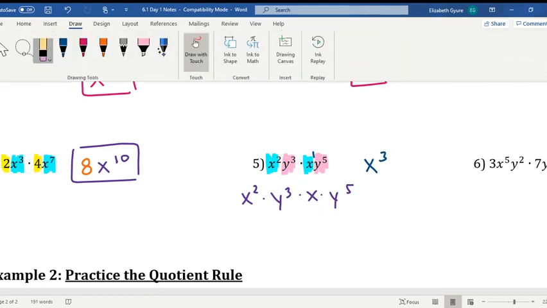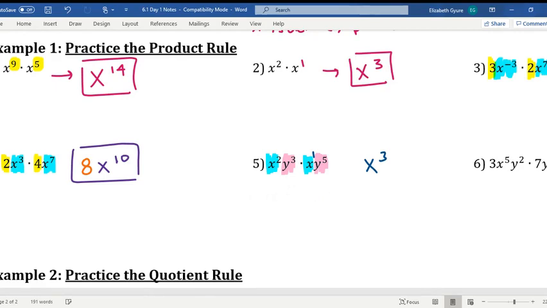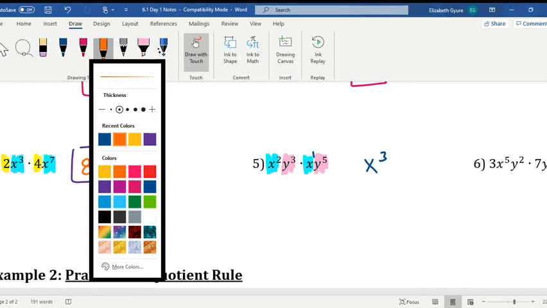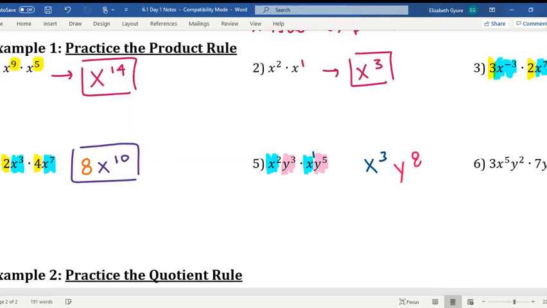Exactly. Okay, now what I do is I look at my y's. So now take a look at your y's, and I have y to the third and y to the fifth, which all together will give me y to the what? 8. Exactly. And I'm done. That's it.